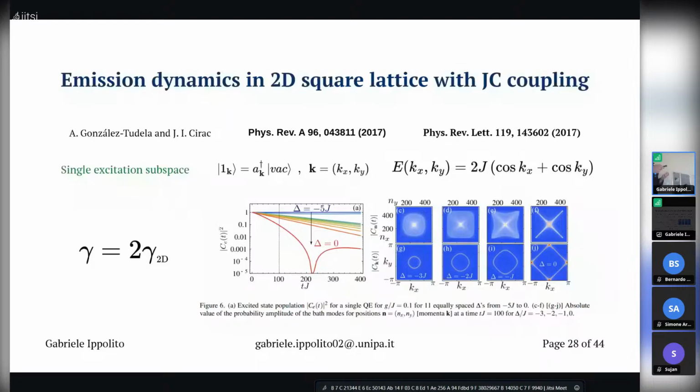Very interesting, this behavior that I observed in a homogeneous coupled cavity array with 2-photon coupling was observed a few years ago, but in a very different system. In this article, the authors were studying the emission dynamics of an emitter linearly coupled to a square lattice, a 2-dimensional coupled cavity array.